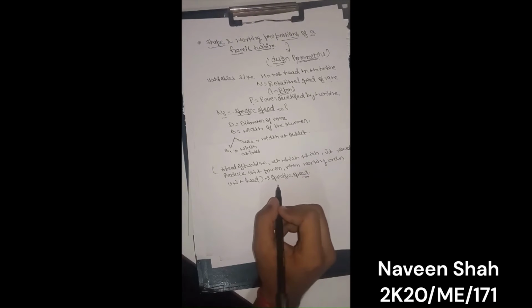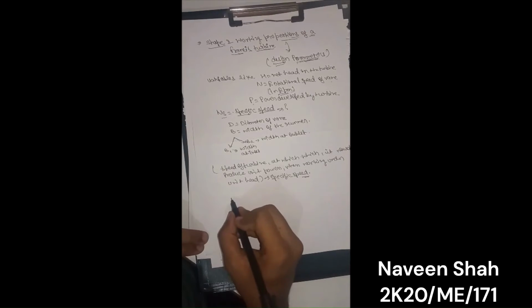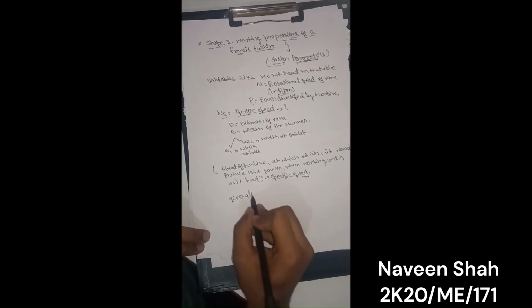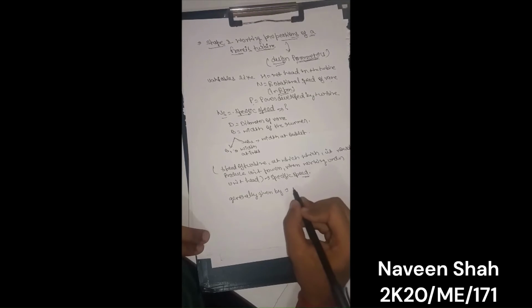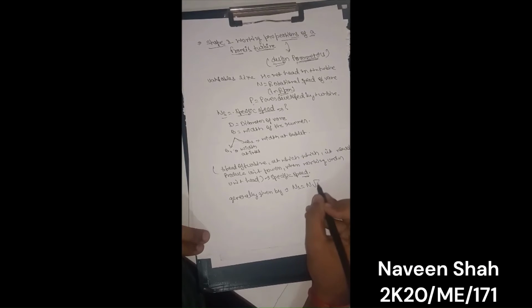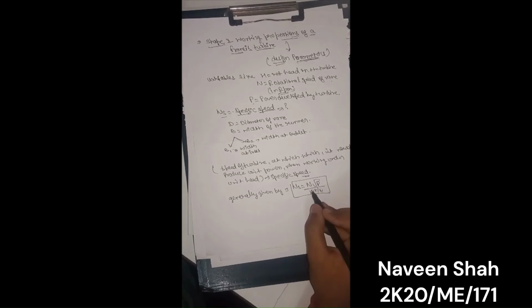This is the specific speed. It is independent of the size and is used to select the type or shape of the runner, generally given by the formula here. N denotes again the rotational speed of the vanes, P is the power, and H is the total head.